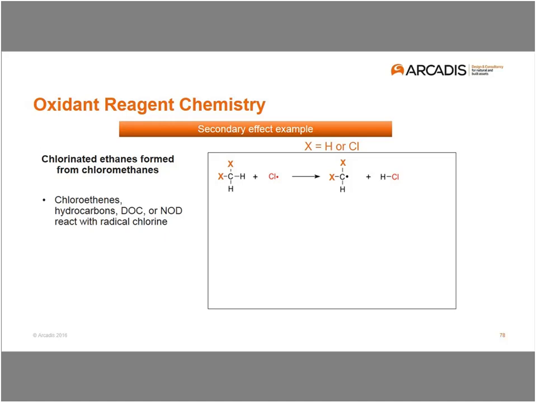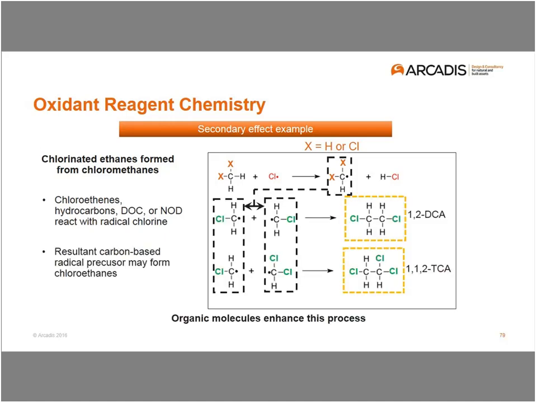And as it interacts with persulfate radicals or hydroxyl radicals, it can form a radical itself. And when it does and interacts with our contaminants, organic radicals are formed. Those organic radicals can then react amongst themselves, and in this particular instance, generated 1,2-dichloroethane or 1,1,2-trichloroethane, just as a result of some of the ancillary reactive chemistry.